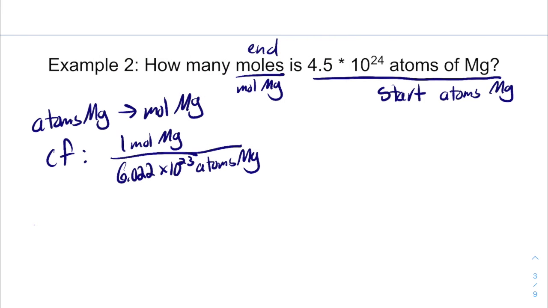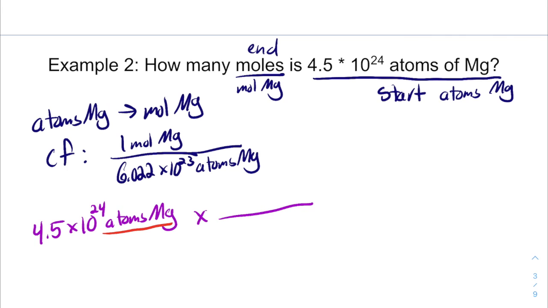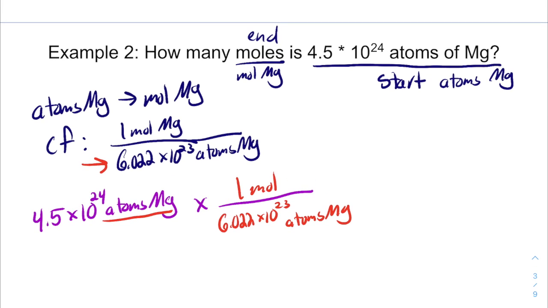So I'm starting with 4.5 times 10 to the 24th atoms of magnesium. Whatever unit is here is the unit that needs to go down here. So that means this is going to go on the bottom. And then I'm going to put 1 mole magnesium on the top.